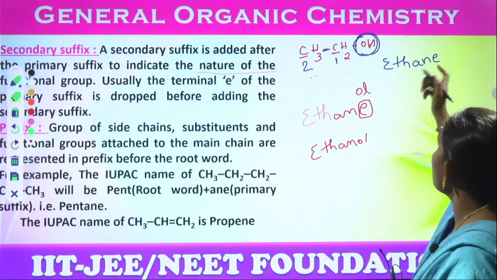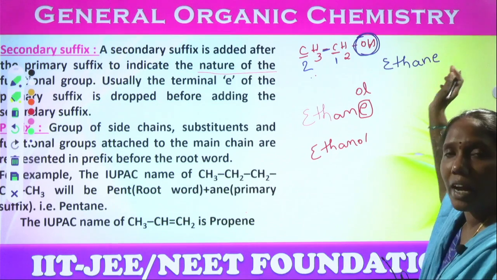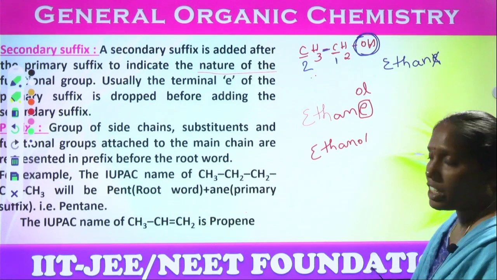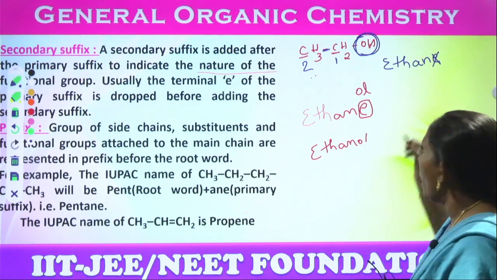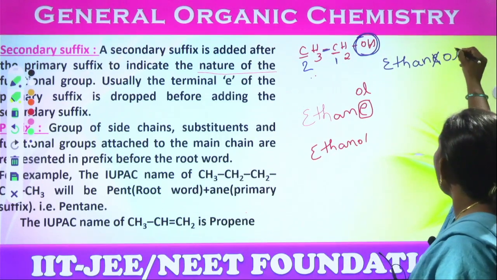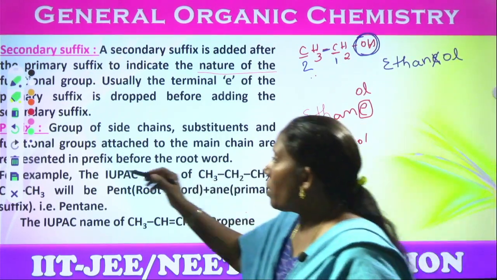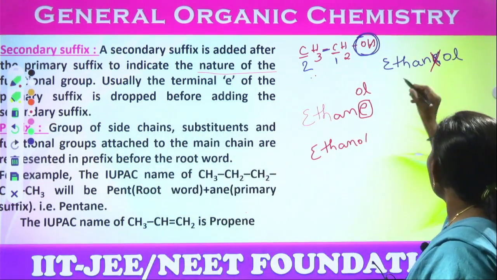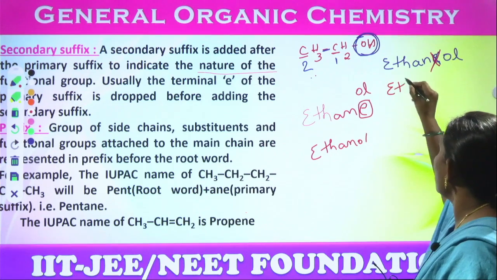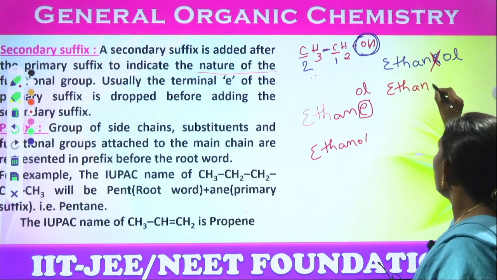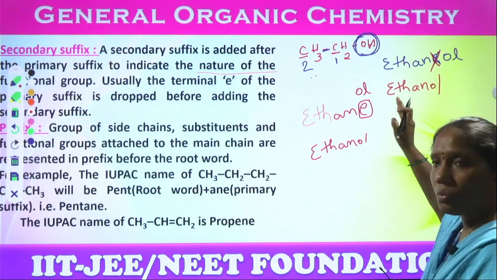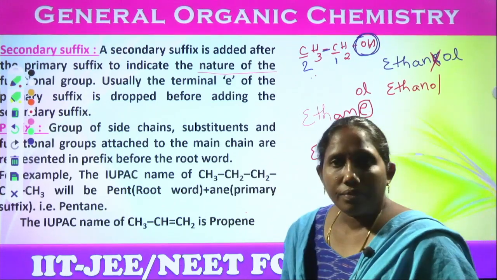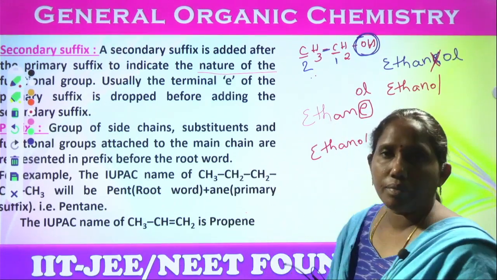This secondary suffix will be written after the primary suffix by dropping the e, and we will write ol. So the name of the given compound is ethanol. So root word, primary suffix and secondary suffix, like this we have to write.